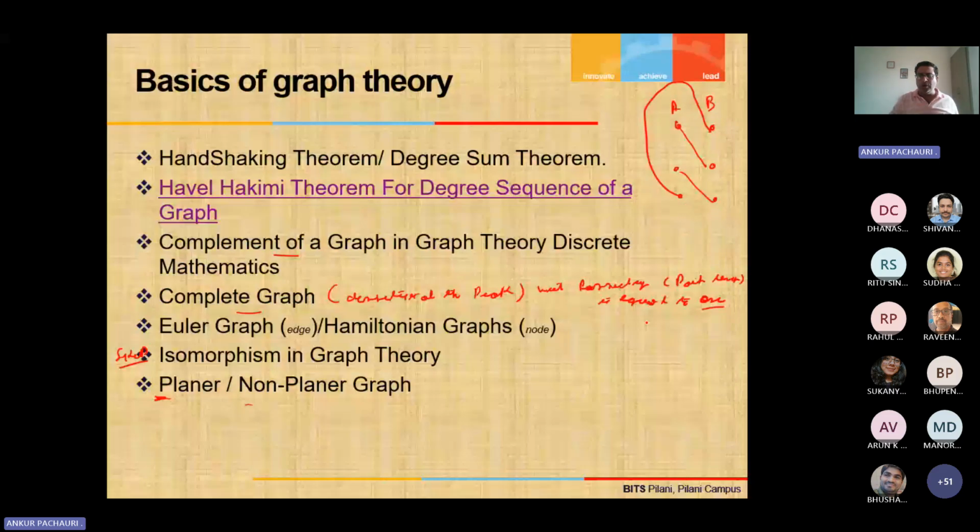If somehow you are able to construct this type of connectivity, then those graphs are called planar graphs.